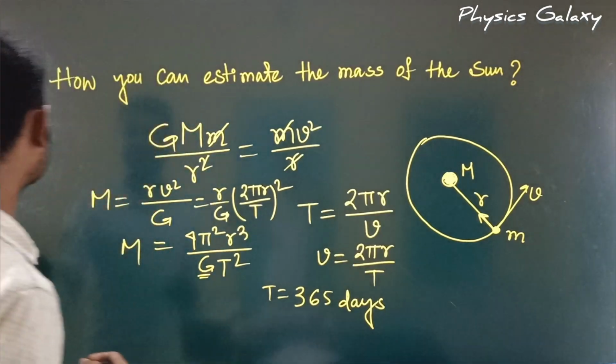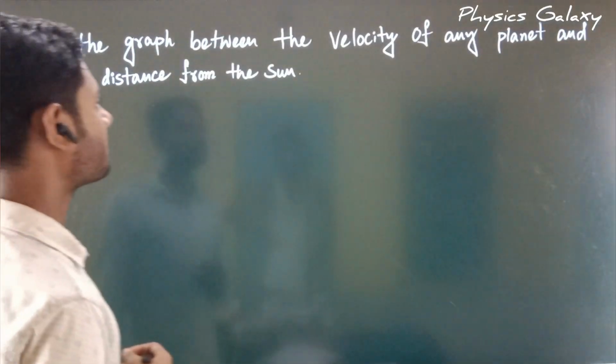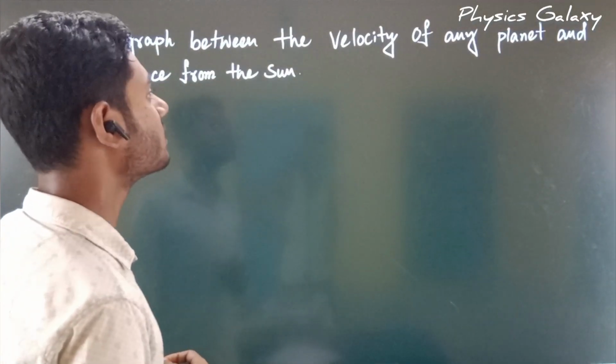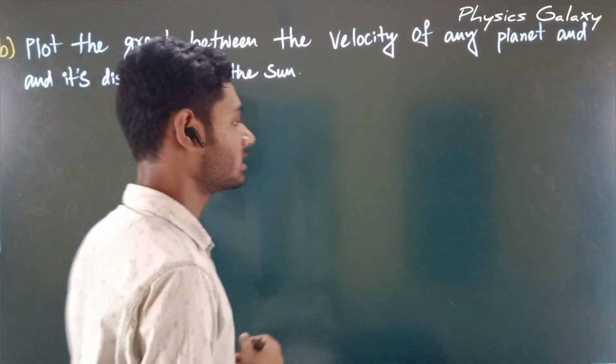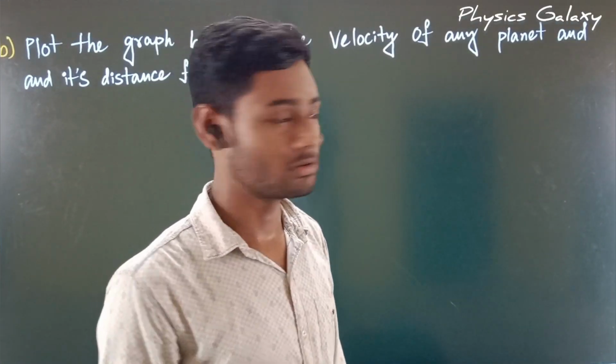So the next question is, now plot the graph between the velocity of any planet and its distance from the sun.